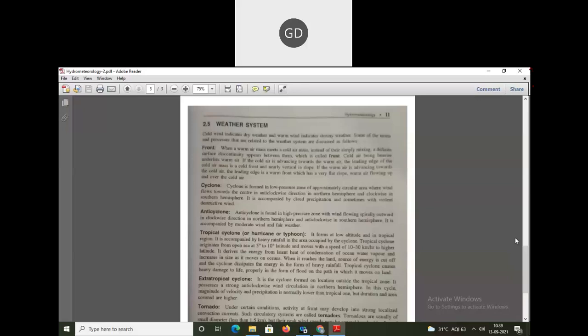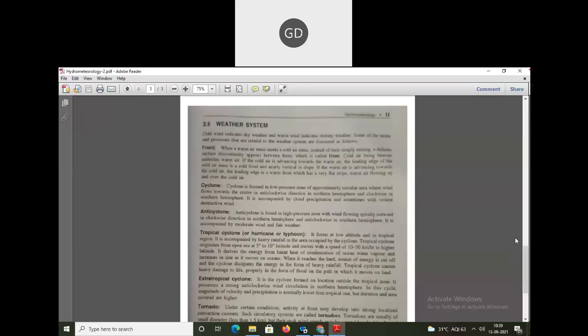Then comes your anticyclone. Cyclone and anticyclone are opposite to each other. Cyclone is formed in the low pressure zone, and anticyclone is found in the high pressure zone. Here the wind flows spirally outward, in the clockwise direction in the northern hemisphere and anti-clockwise in the southern hemisphere.